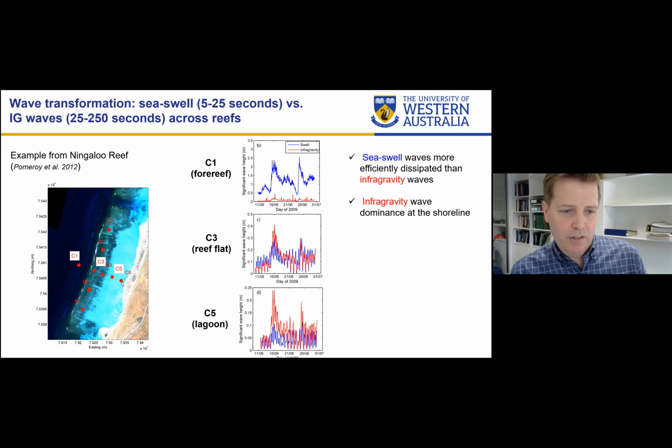As we move further across the reef, and there are reasons for this which I won't talk about, shorter period waves are more efficient at being dissipated by bottom friction. So we see the swell waves decaying to very small values by the time we reach the shoreline, and we see the infragravity waves don't decay. So we get this dominance of infragravity waves, which are really driving water level variations and run-up at the coastline.